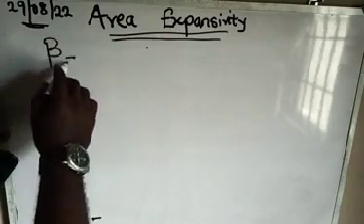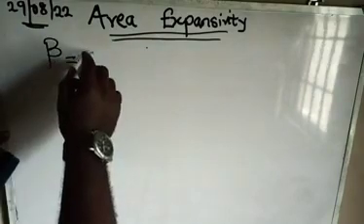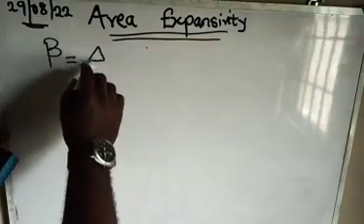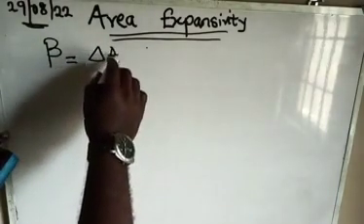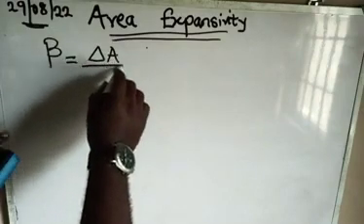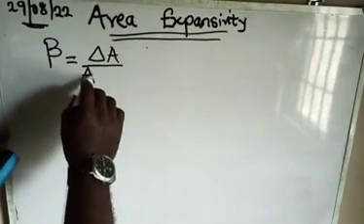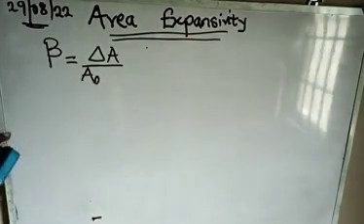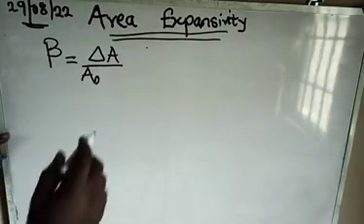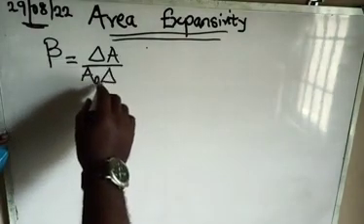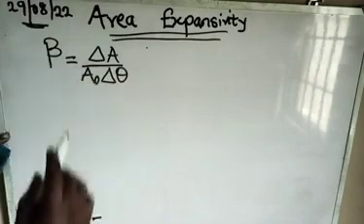This is a Greek symbol. It is the change in area, or the increase in area, per unit area, that's the original area, and then per degree rise in temperature.